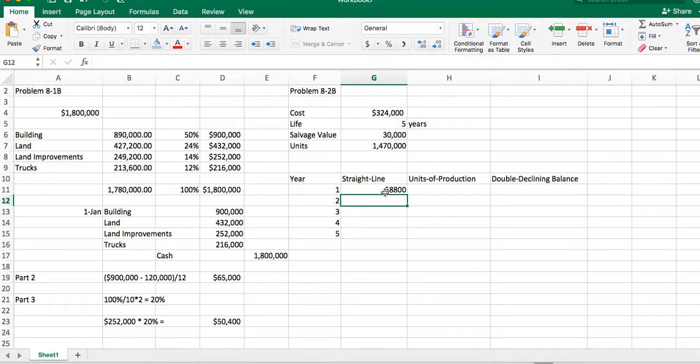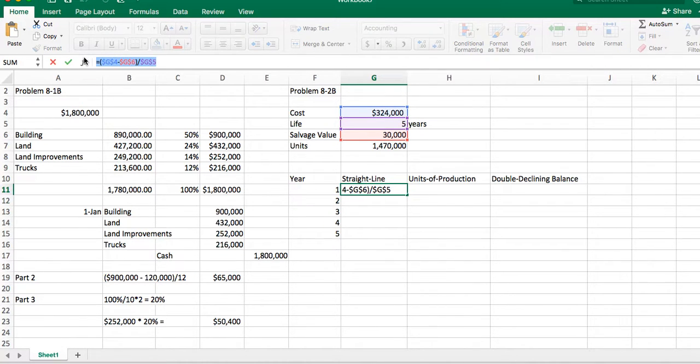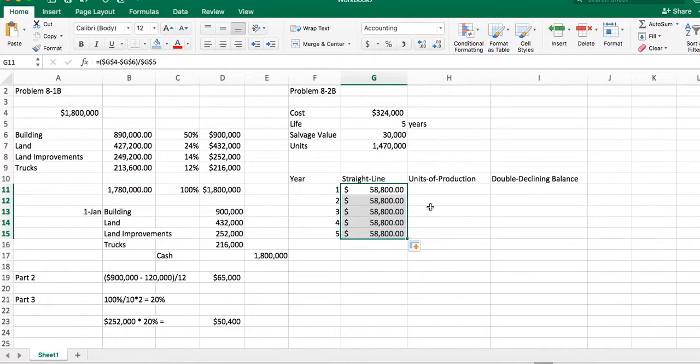So it's $58,800 every year. And if I make those absolute, you can hit your F4 key to make all of those absolute. Then I can fill that down and it'll show me my straight line depreciation for every year. Units of production, the way that works, and to follow along with our formulas just so you can see this.